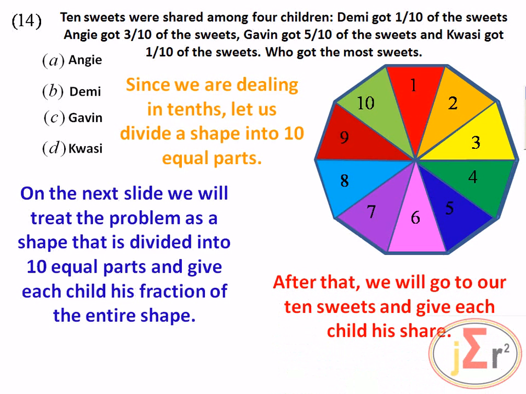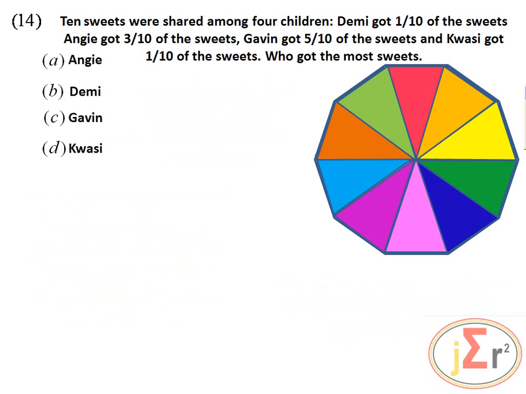So we are taking the approach of using a single figure that is divided into 10 equal parts because that is what is suggested by the denominator of the fractions. But the problem has to do with 10 sweets that were shared, and we will see how that relates to a whole that is divided into 10 equal parts.